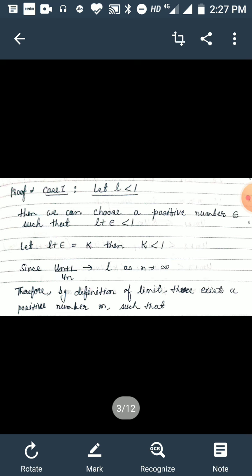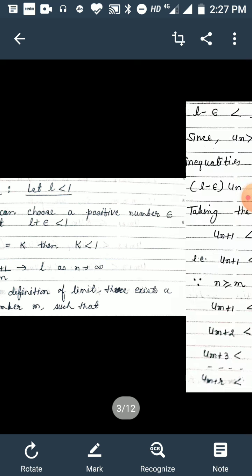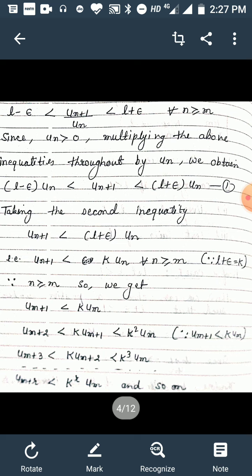And therefore, by definition of limit, there exists a positive number m such that L minus epsilon is less than un plus 1 by un is less than L plus epsilon for all n greater or equal to m.